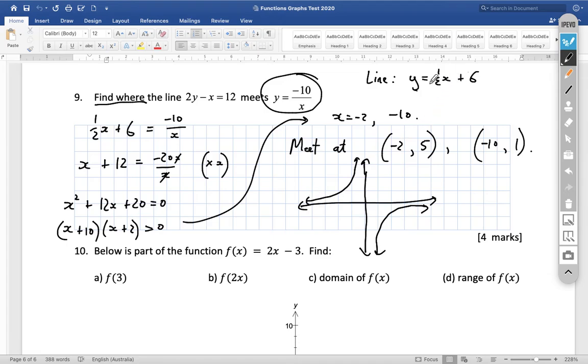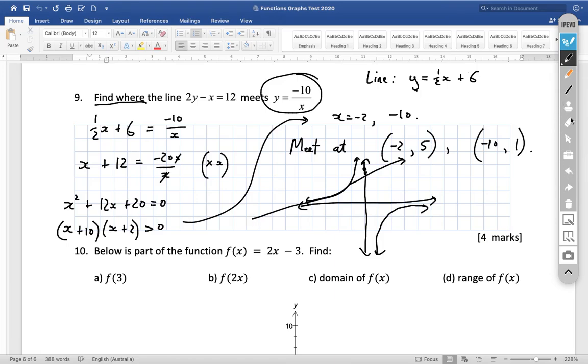You've got a straight line coming through at 6, fairly low gradient. I'm going to run out of room. Oh, it's pretty bad. What you should be getting though is 2 intersection points on that line. It really was a terrible line.